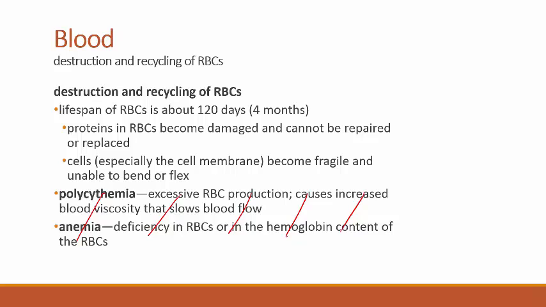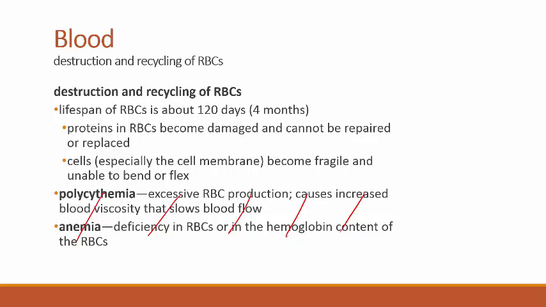and as a result, the damaged cells will rupture as they pass through the very narrow capillaries of the spleen and the liver, and phagocytes will come along and remove the cells and their cell contents.